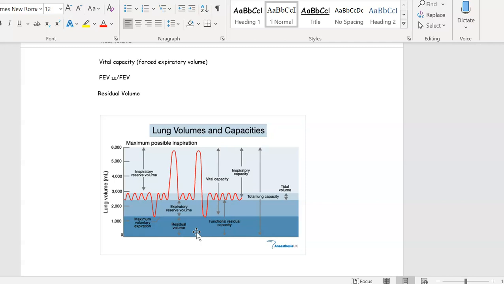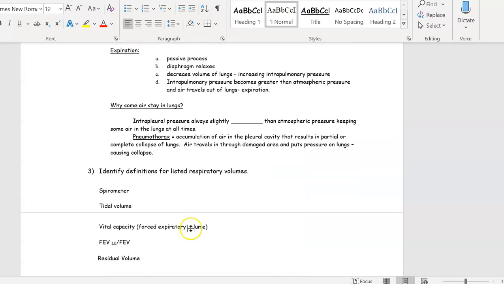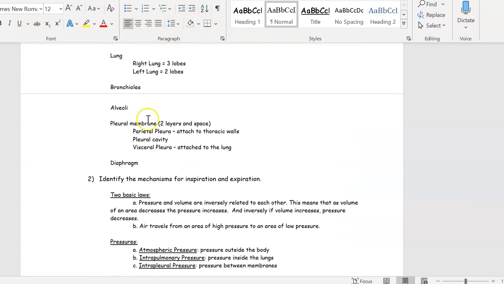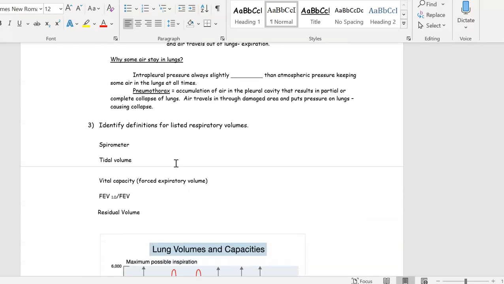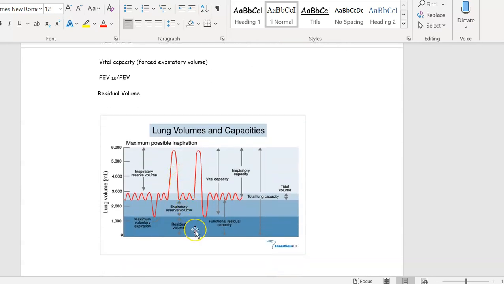Now, why does that air stay in there? We go back to up here, to these different pressures, and that pleural cavity keeps some air left in your lungs, and the air that is left in your lungs after maximal expiration is called the residual volume.